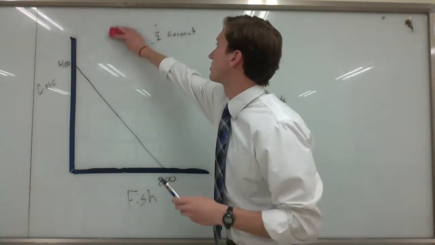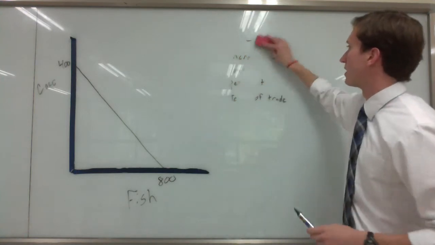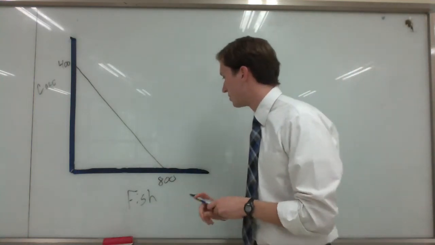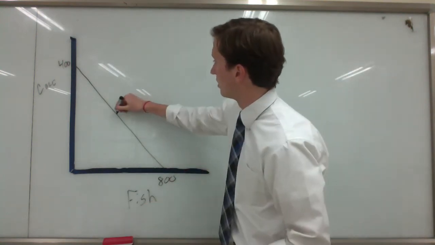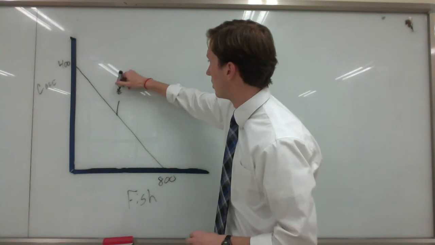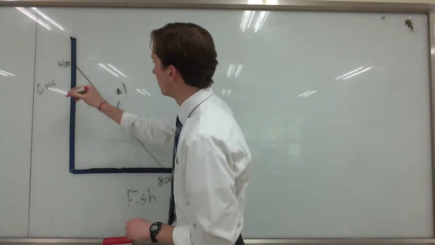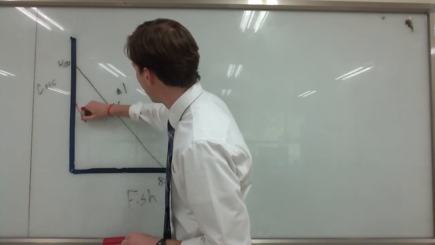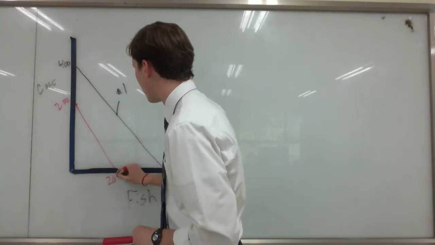Now I'm going to talk about terms of trade. We'll have two guys trying to produce coconuts and fish. One guy can do it for 400 and 800. Our second guy can do it not quite as much, I'll say 200 and 200.